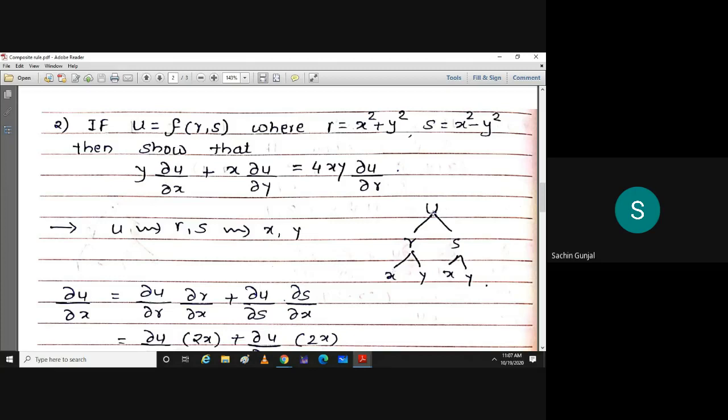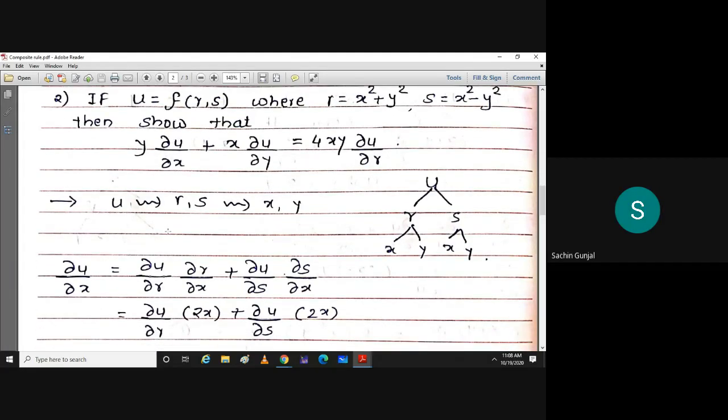Tell me, how do you calculate the partial derivative of u with respect to x by the composite rule? ∂u/∂r into ∂r/∂x plus ∂u/∂s into ∂s/∂x. Good. Is this rule clear? Yes, sir.